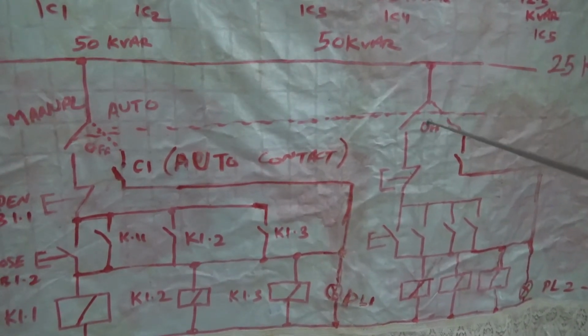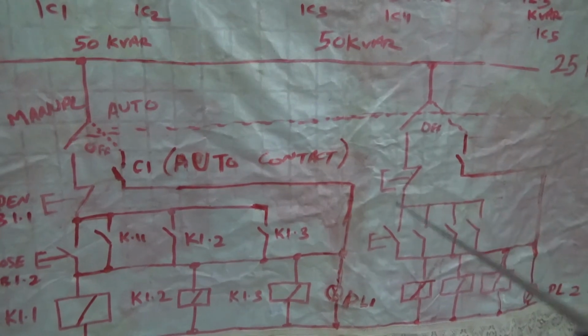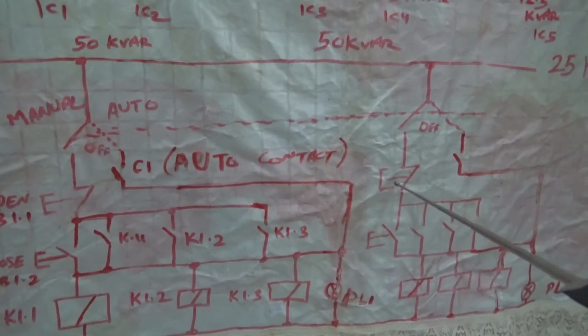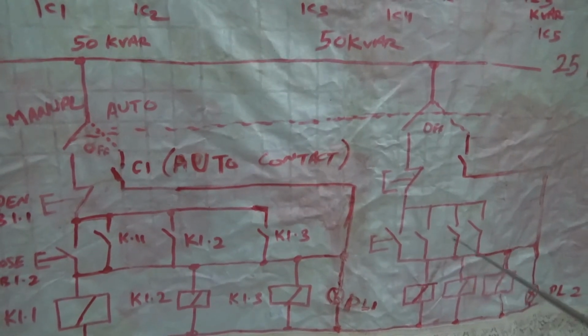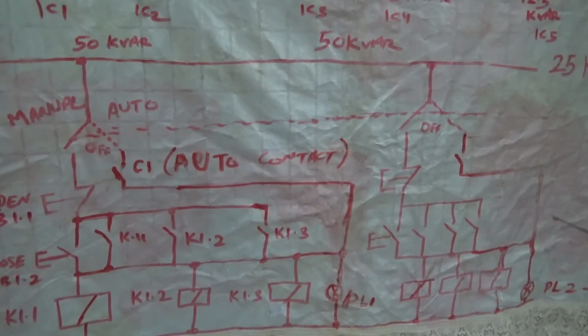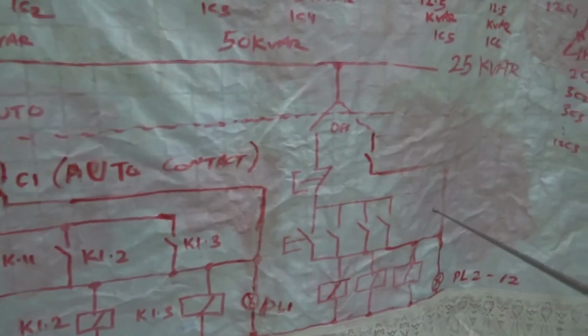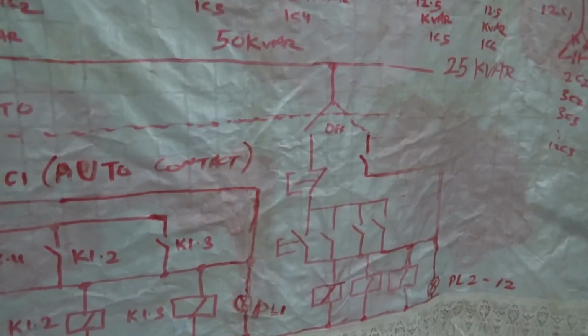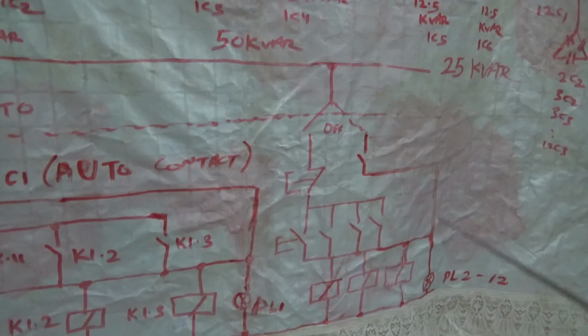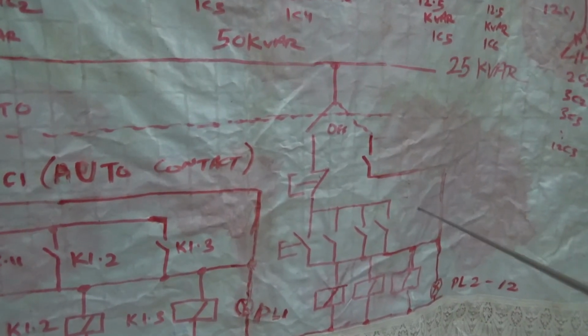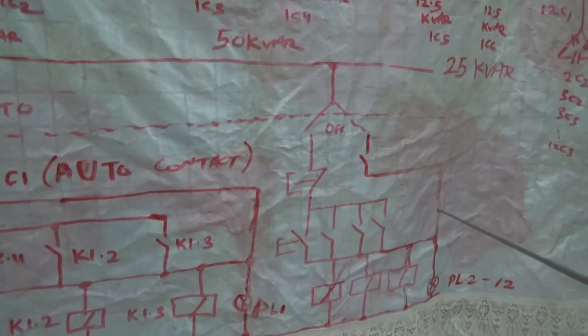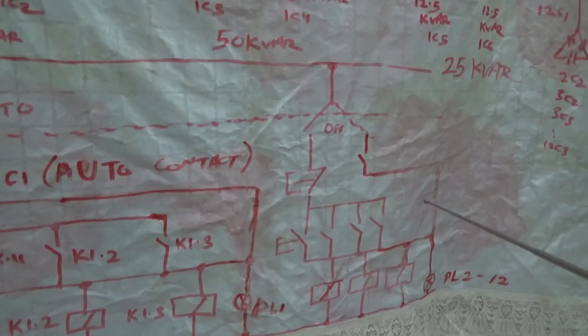So here auto manual mode, the stop push button or open push button, close push button, three contacts. These are latching contacts. This is the auto contact, and these are your pilot lights, which indicate that the contactors or capacitors are switched on. Now we will go to the controller diagram in the next topic.